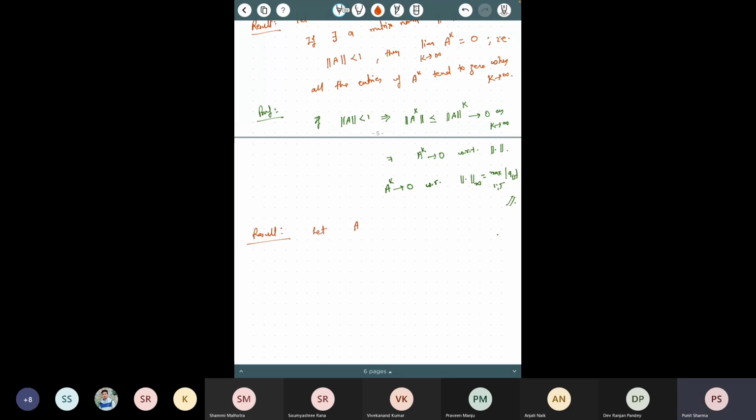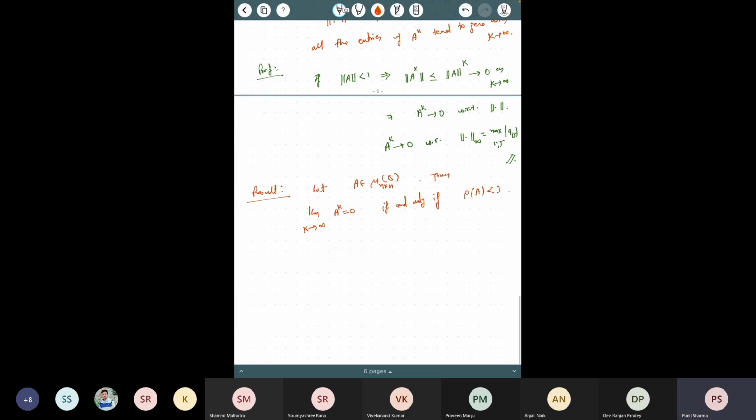If A is any matrix over C, then you can show that the limit as k tends to infinity of A to the power k is 0 if and only if the spectral radius of A is less than 1. So this is if and only if.